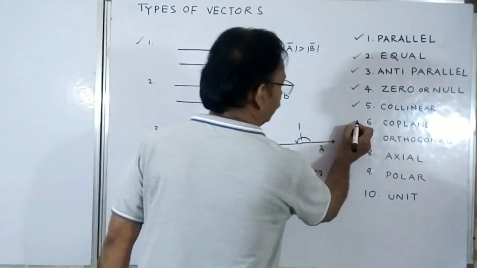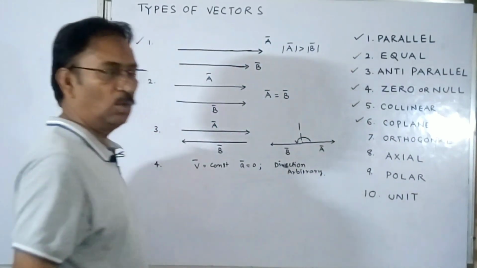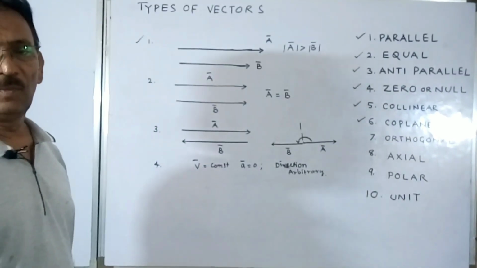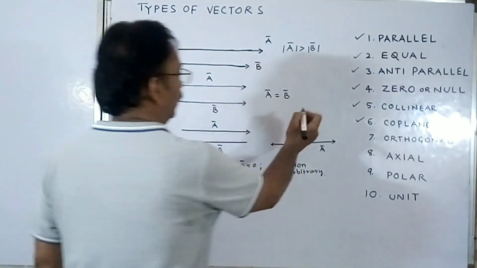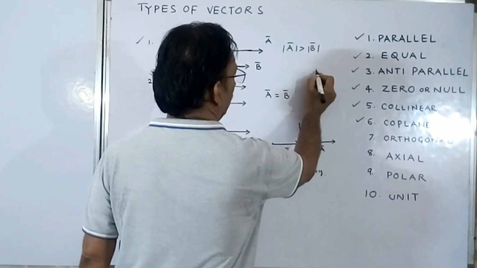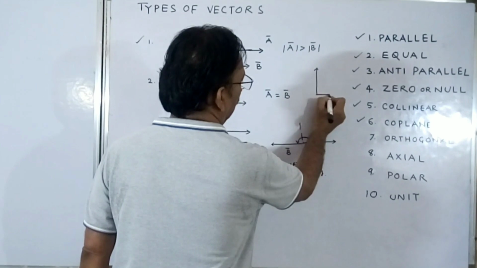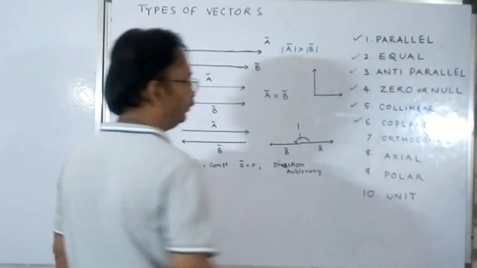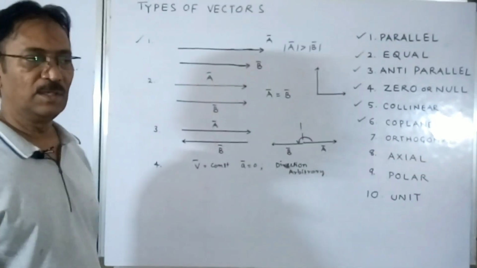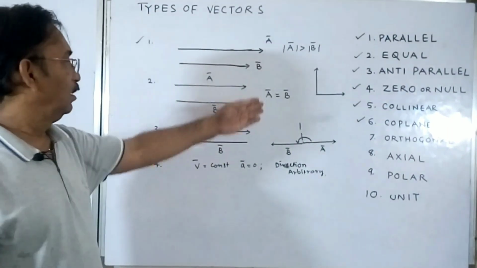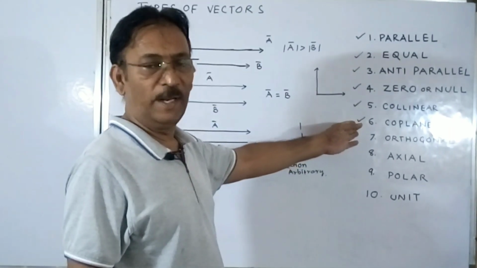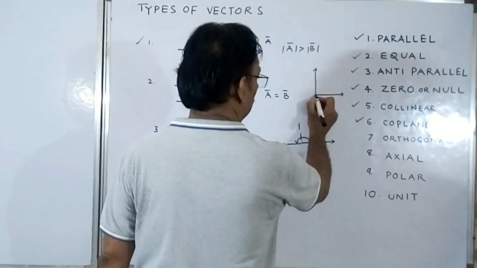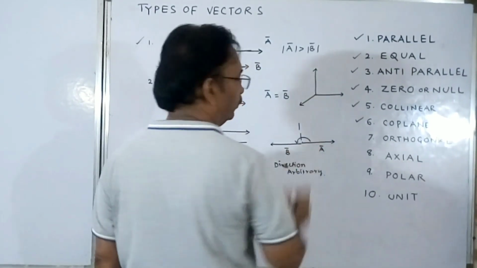Then after, we have to know about coplanar vectors, the vectors which are in the same plane. If we have a vector 1 and one more vector, these two vectors can be said to be coplanar vectors.